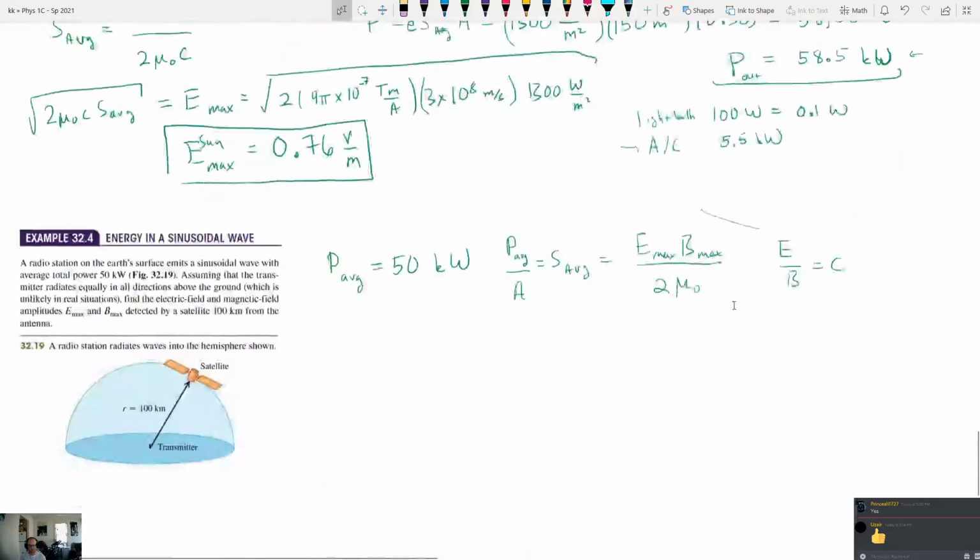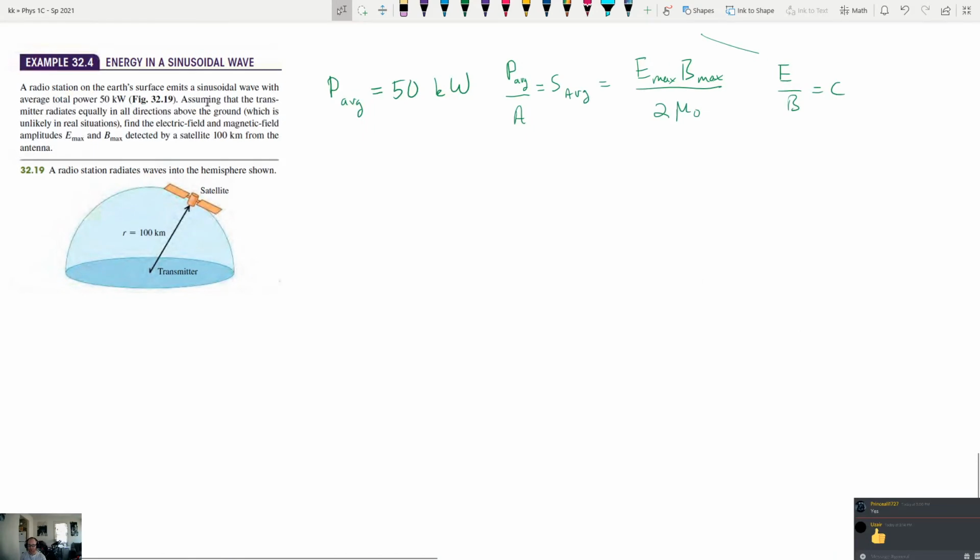So we're given average power, and we're told the transmitter radiates equally in all directions above the ground. That means it's going to radiate out into this region here, and it's going to be radiated over the entirety of this hemisphere, basically. So we have a hemisphere whose surface area A is the surface area of this dome, which I would say is equal to 4 pi r squared over 2.